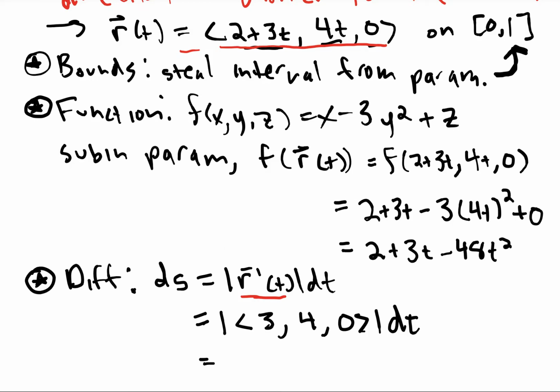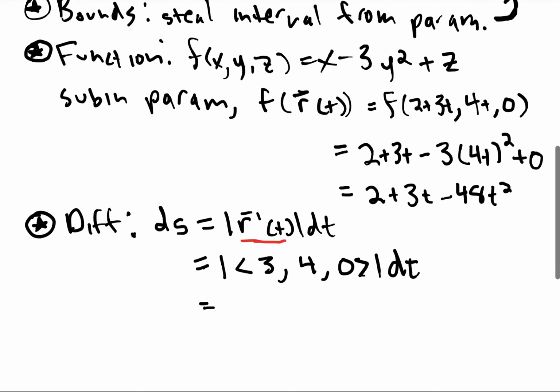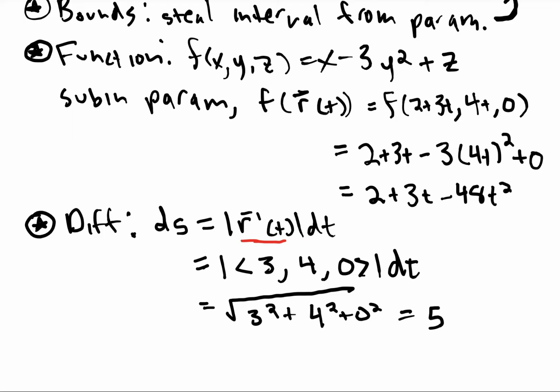My magnitude formula is basically going to look like the square root of 3 squared plus 4 squared plus 0 squared. Hopefully we've seen 3, 4, 5 right triangles often enough to recognize that this is going to be 5 units long. Okay, let me not forget the dt on the end. So this is 5 dt. That's what my differential gets replaced with.